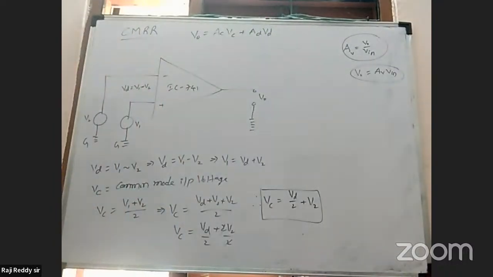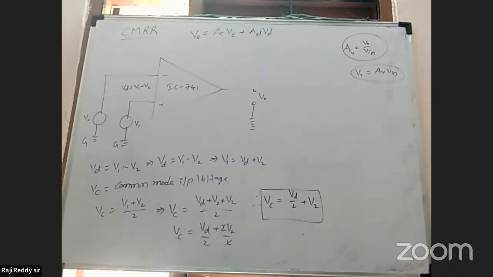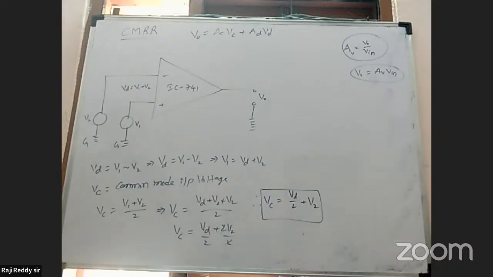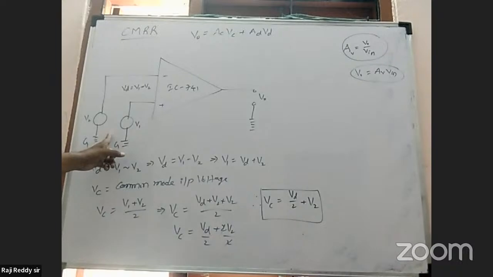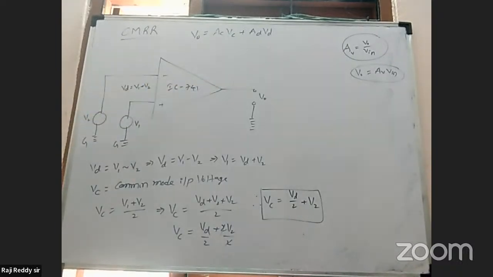VC is the common mode input voltage. AC is the voltage gain between these two terminals, and the voltage gain across these two terminals is called AD.